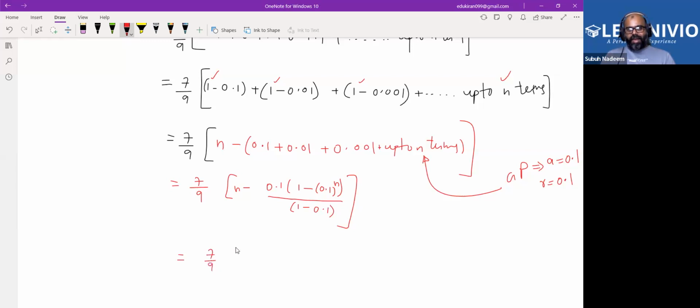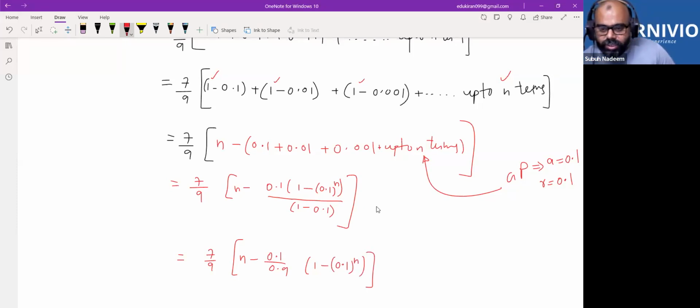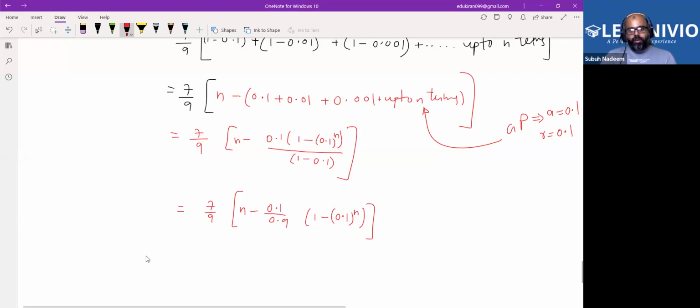So 7 by 9 n minus, this will become 0.1 by 0.9, and this will become 1 minus 0.1 to the power n. Now a little bit of calculation we have to do. So this will become 7 by 9 n minus, this will become 1 by 9, so 1 minus 0.1 to the power n by 9.